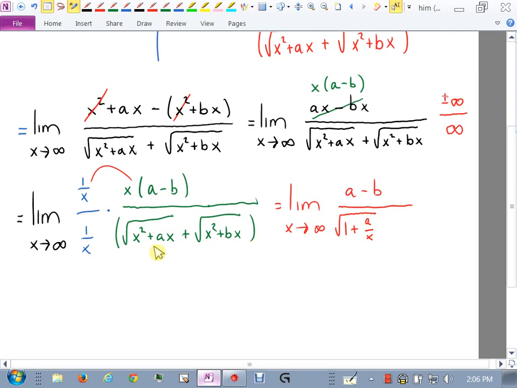Because you had ax there. You're dividing it by x squared, not x, right?